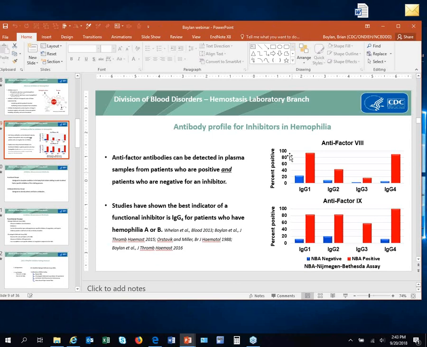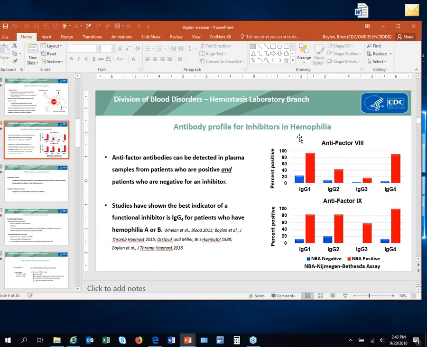As you can see from these data, in the anti-factor VIII antibody data, these specimens can be positive for IgG1, 2, 3, or 4. IgG2 and IgG3 have a very low percentage of antibodies positive. So the data on these is less predictive, and not a lot is known about what might be going on with antibodies of these subclasses.